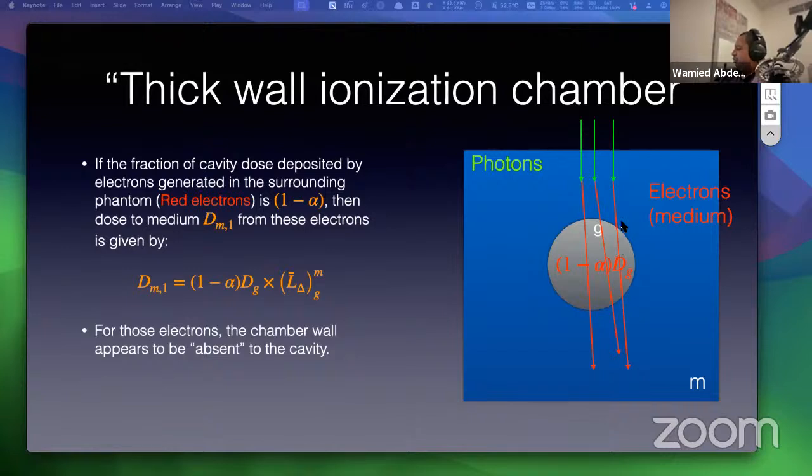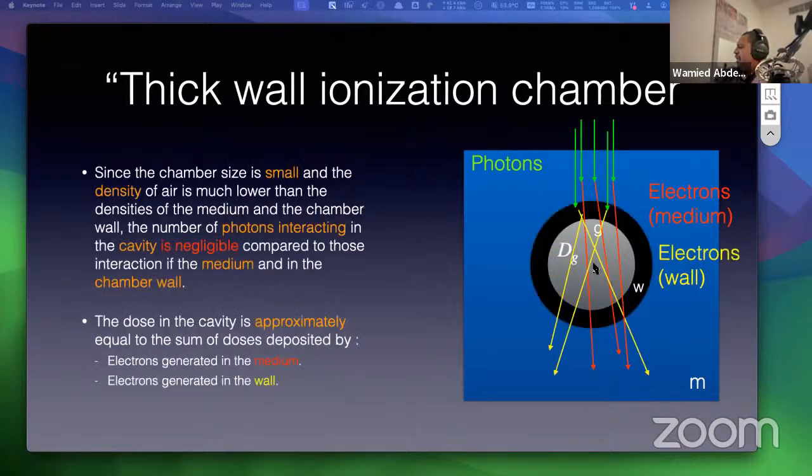So the dose for these electrons is just going to be the fraction of the dose in the cavity produced by these electrons multiplied by the ratio of restricted collision stopping power, medium to gas. Here I'm putting 1 minus alpha because that's the conventional way.